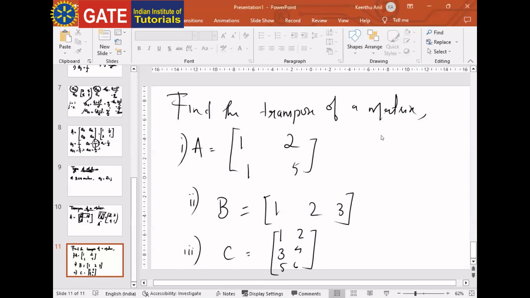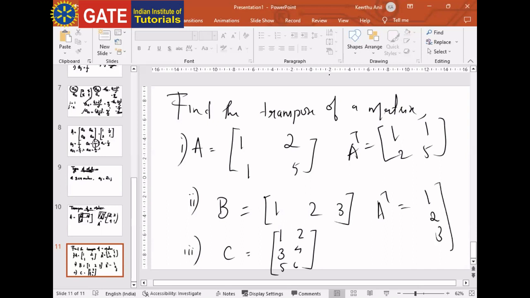Okay, first one will be A transpose equals 1, 1, 2, 5. Now what about the second one? 1, 2, 3 in the form of a column matrix, right? Now about C: 1, 3, 5, 2, 4, 6. Understood, no? No problem, right?